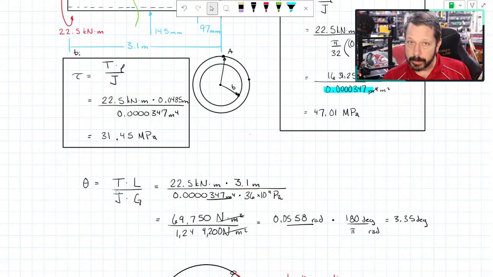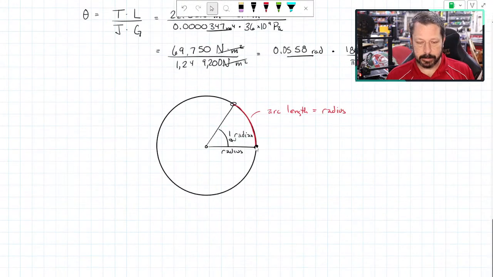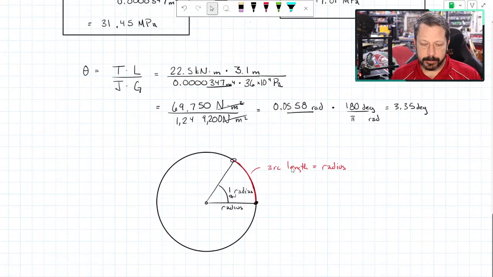A radian actually has a relationship with the circle, other than being a big number that's easy to divide by or divide into. So that's why a lot of these equations pop out radians instead of degrees.